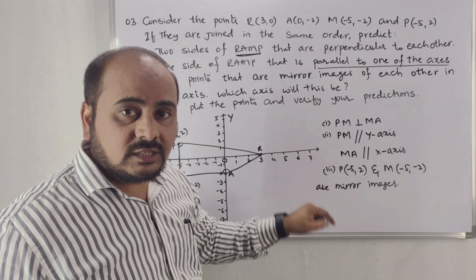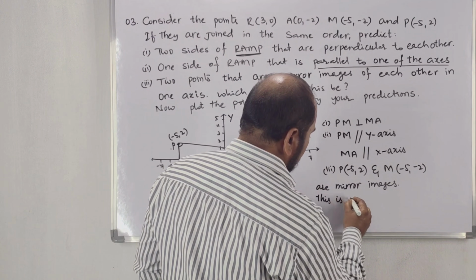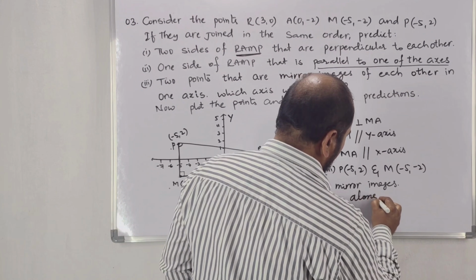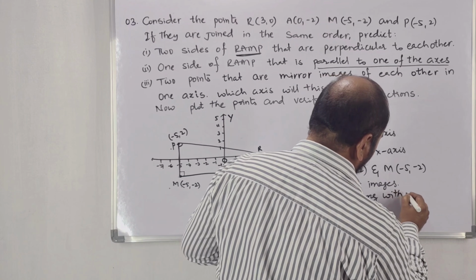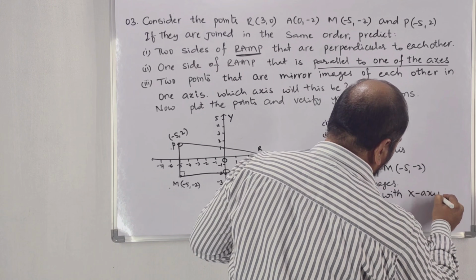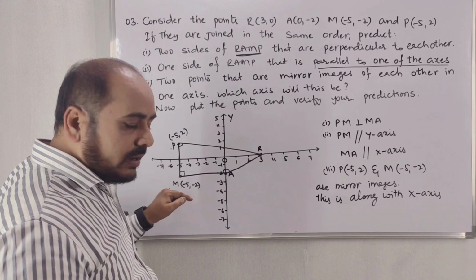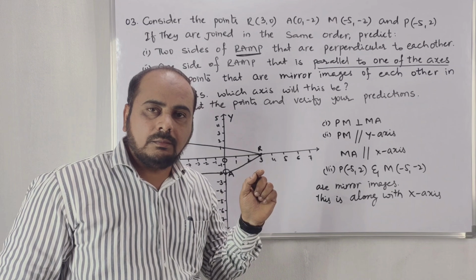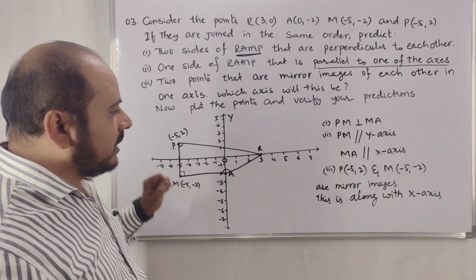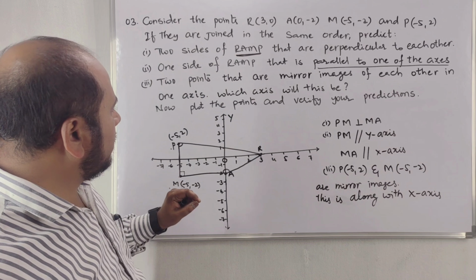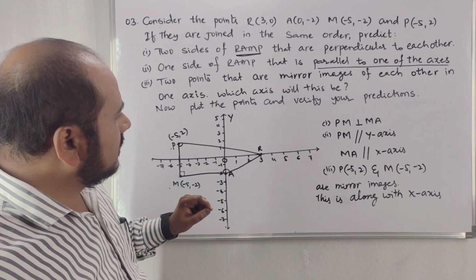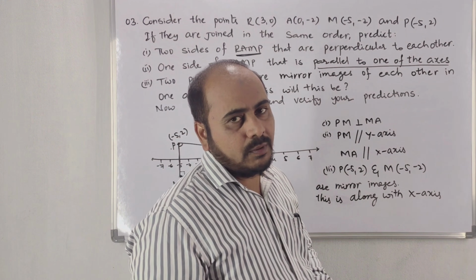Which axis will this be? This is along the x-axis. Along the x-axis, we are forming mirror images. Hope you understand, my dear. This is the third point. So, the third problem is also completed, my dear.